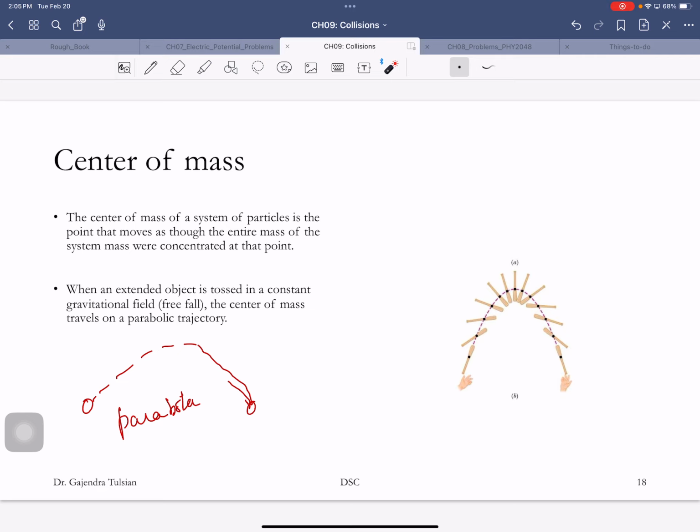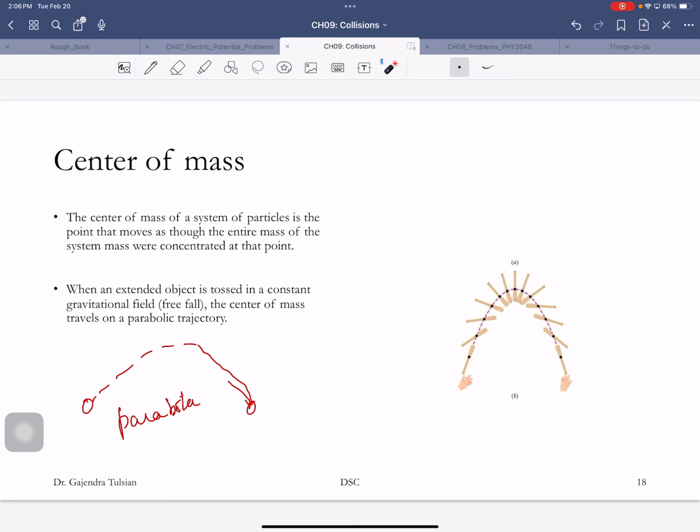In fact, it turns out that for an extended object, there's only one point that goes on a parabolic trajectory. And that's the center of mass. It is the point where, as if you squish the baseball to a single point, that's where you would squish it to. So all objects have centers of mass.